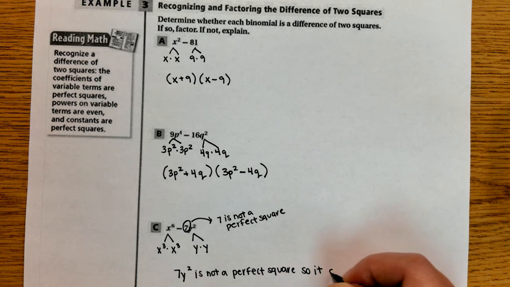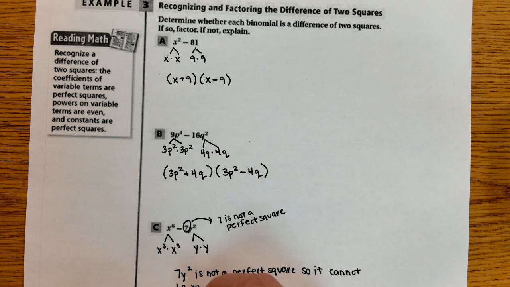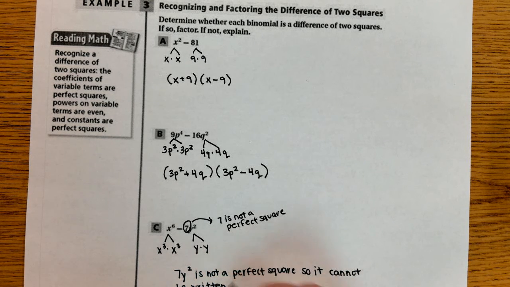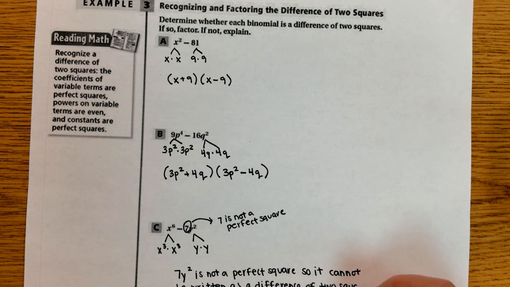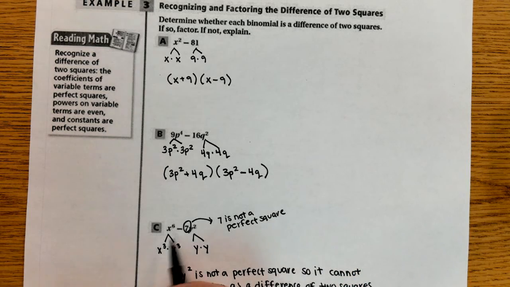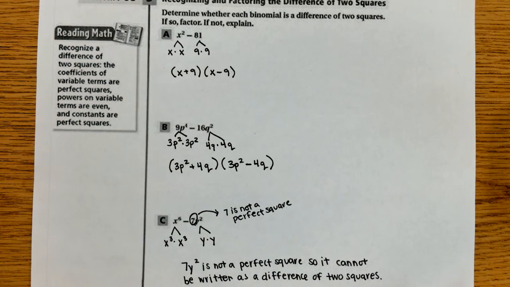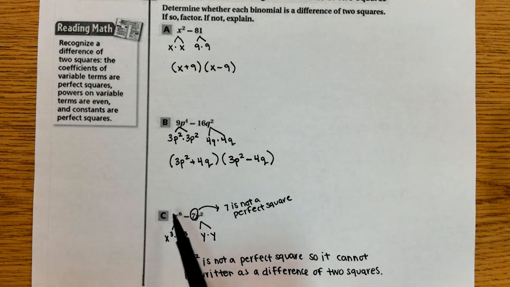So it cannot be written as a difference of two squares. So again, both terms, the first and the second term, have to be perfect squares. If the first one is, second one isn't, then you can't rewrite it.